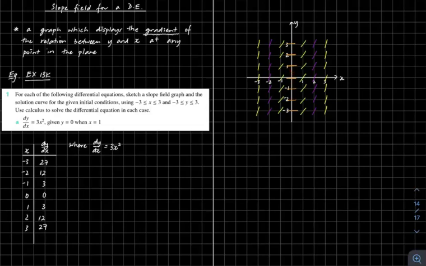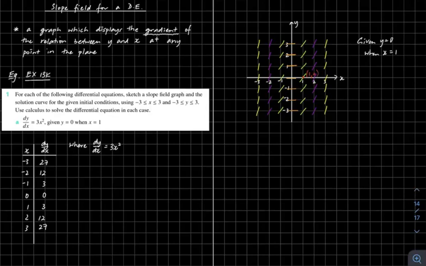But if I use my extra bit of information, which is that y is equal to 0 when x is equal to 1, so let's write that over here. Also given y equals 0 when x equals 1, so that would be that point there, wouldn't it? The point (1, 0).